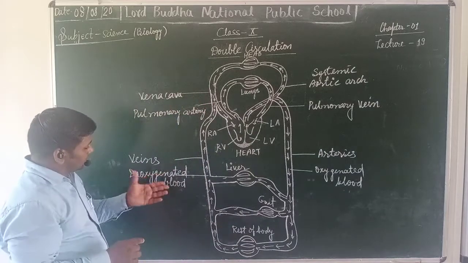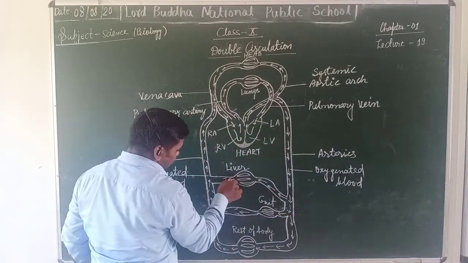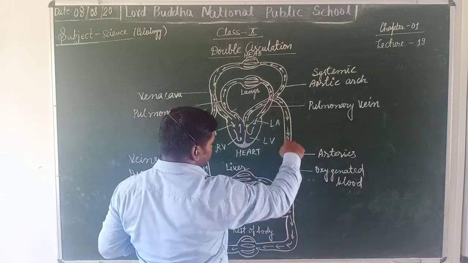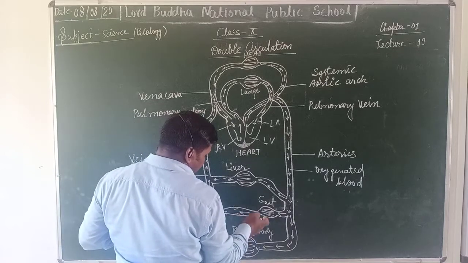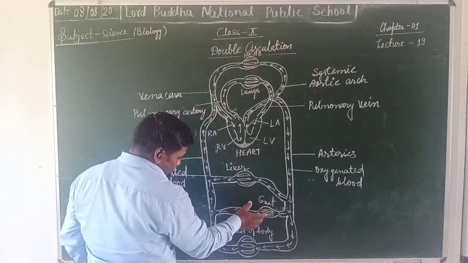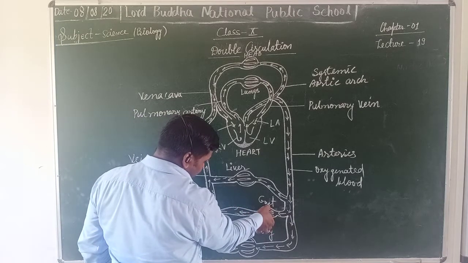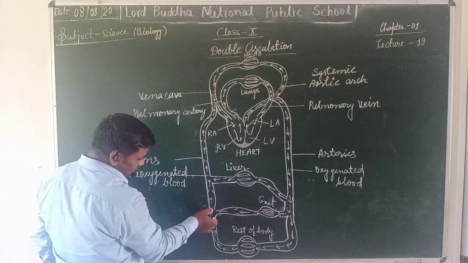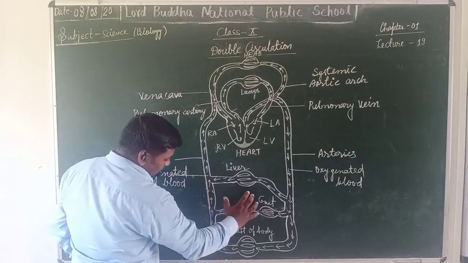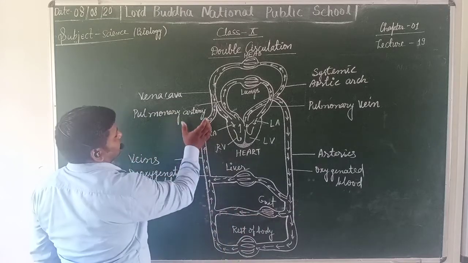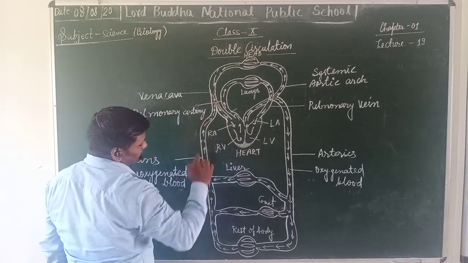Here also I write oxygenated blood. Thus, students, from there the oxygenated blood comes to our whole kinds of organs or delicate organs, and the deoxygenated blood, with the help of the network of capillaries, is drained out into the veins, and thus the veins collect the whole amount of the deoxygenated blood into the right atrium of our heart.